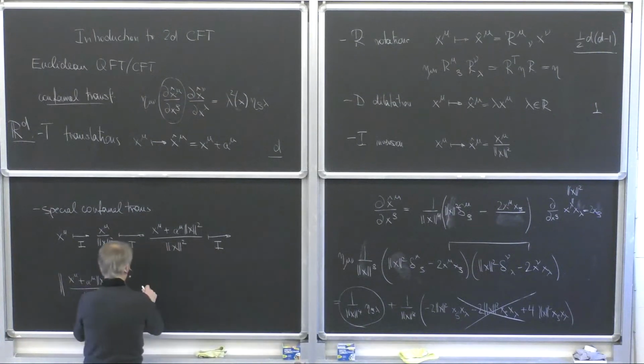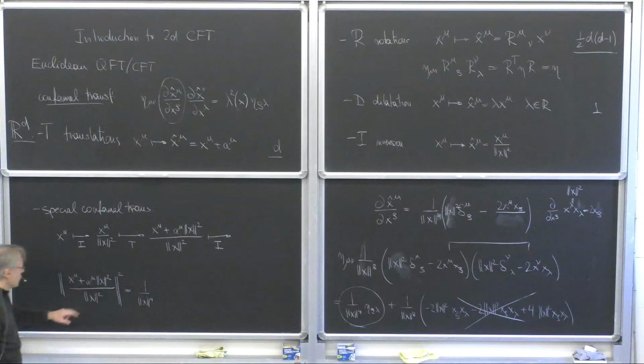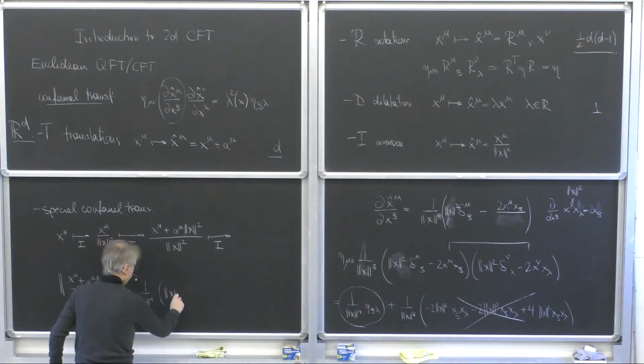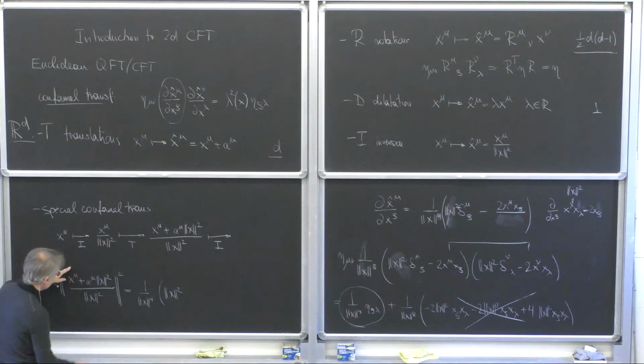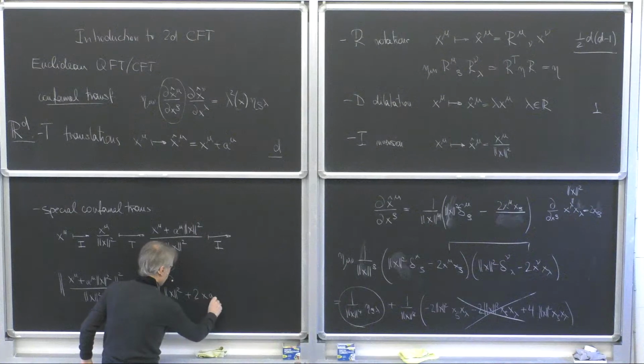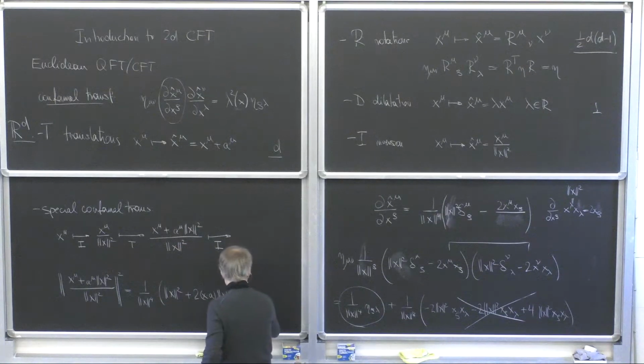So I get the 1 over x to the 4 from the denominator, and from the numerator I'm going to get an x squared term from this guy. Then from the cross term I'm going to get plus 2 times x dot a times x squared. That's the cross term, and then I have this term, and that gives me an a squared x to the 4.